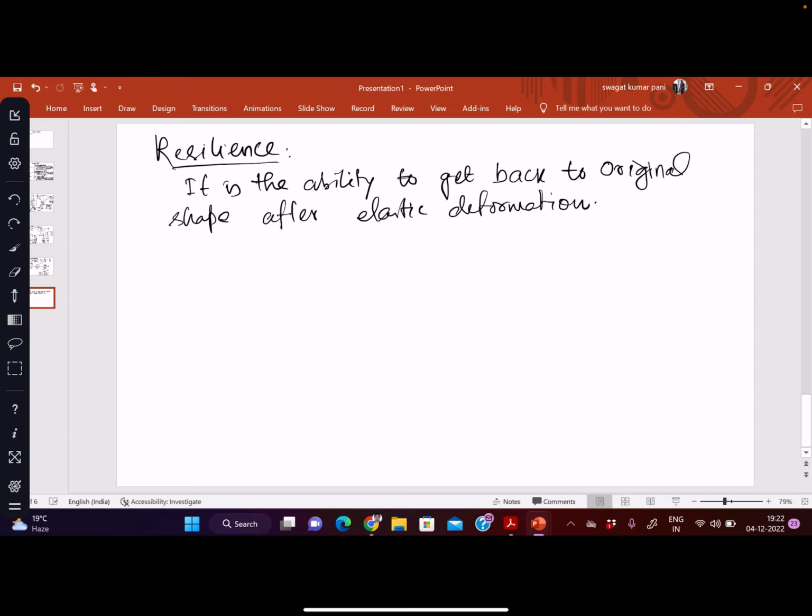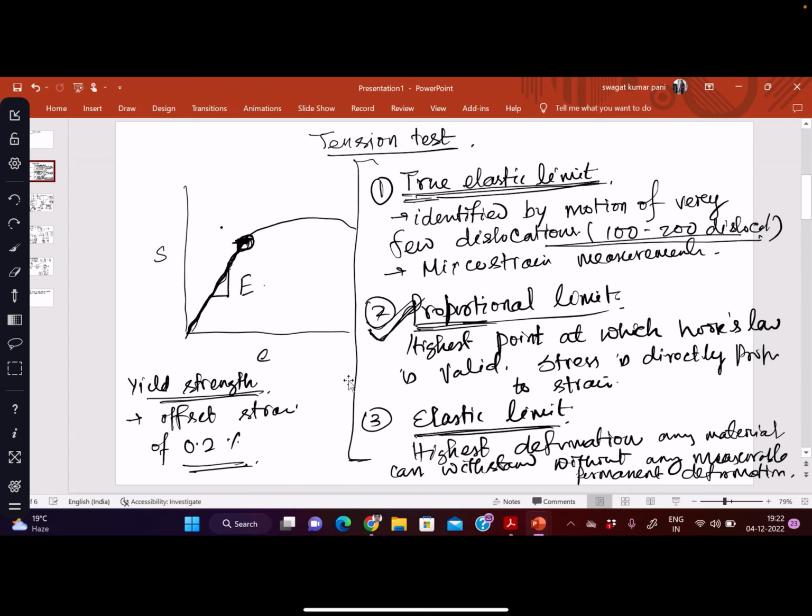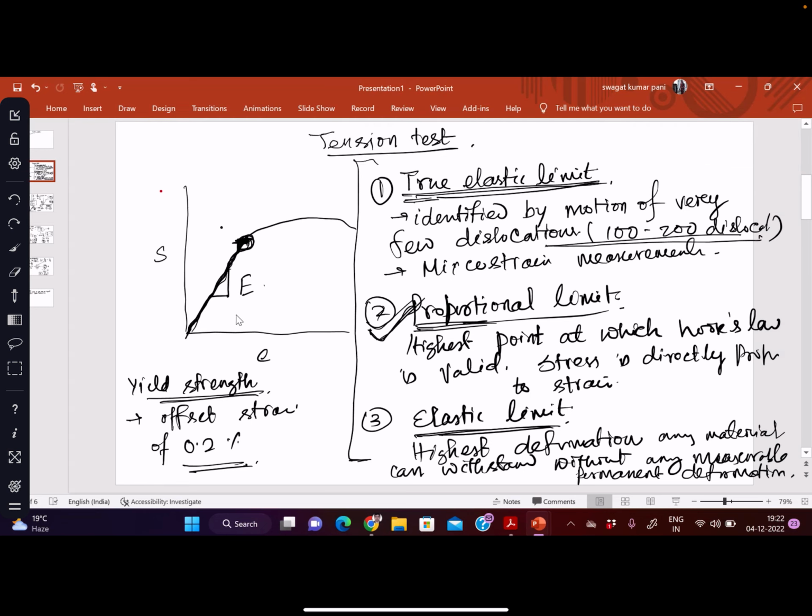Suppose in the stress strain curve you load the material to this point and then release the load, then what will happen?